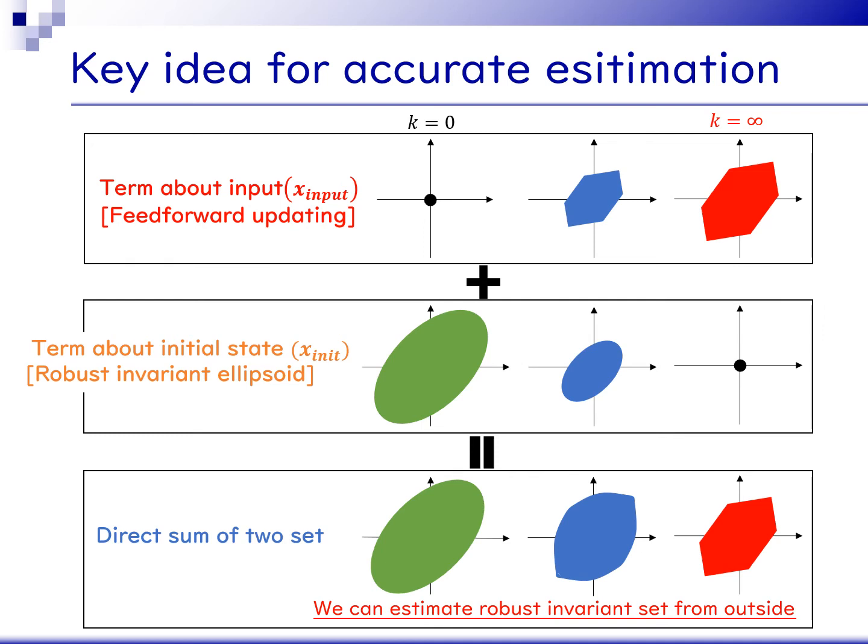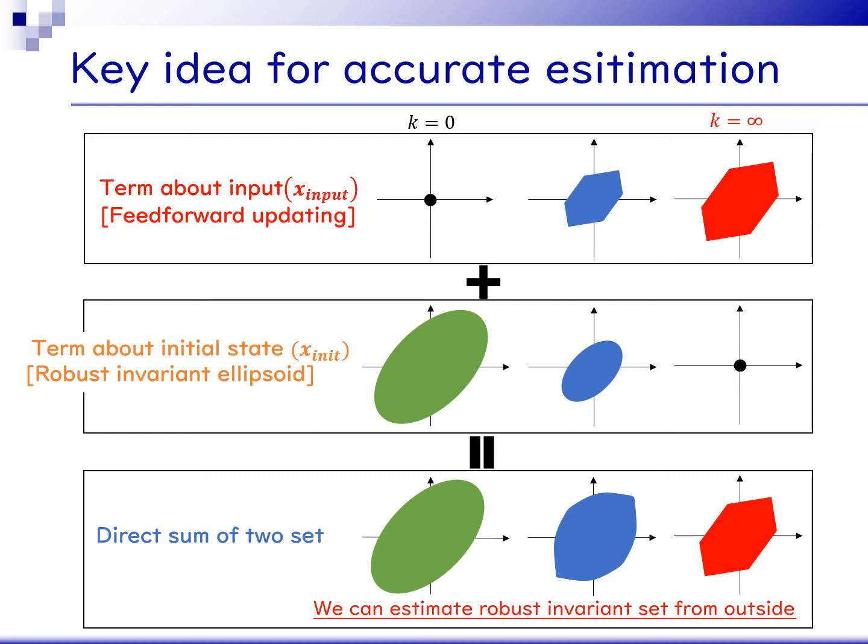Since the switching system is in the field of linear systems, the direct sum of the input set and the initial state set can be regarded as a robust invariant set for each k.